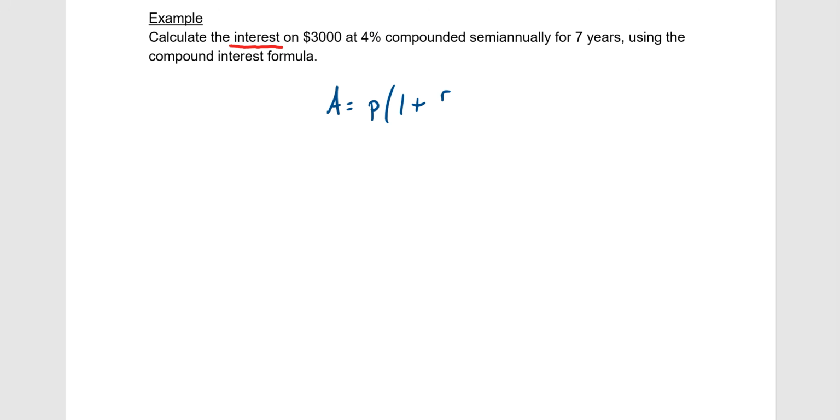So we have our compounded interest formula, and we have our P, which is $3,000, the original investment, and we have our R, the interest rate is 4%, that's 0.04. We have our N, this is semi-annually, that means twice per year, so N is 2, and we know T is the time in years, so T is 7.